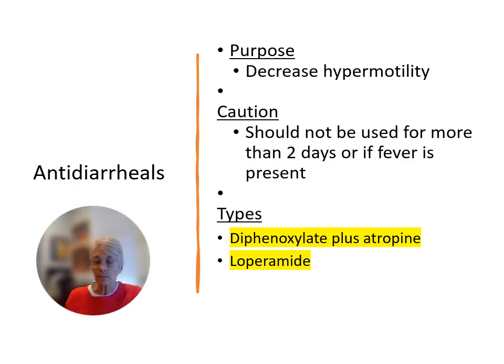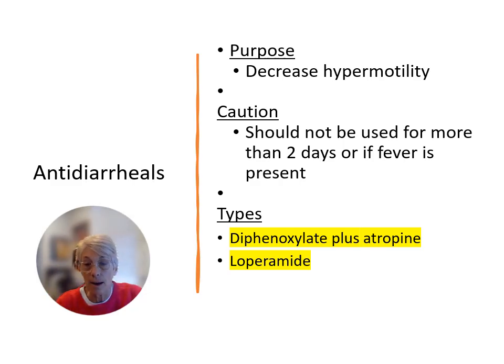So it's all about decreasing that motility, right? Slowing down that movement of nutrients through the system. Let me just start with a couple. We have our diphenoxylate, and I'm going to talk about why we would put it with atropine.